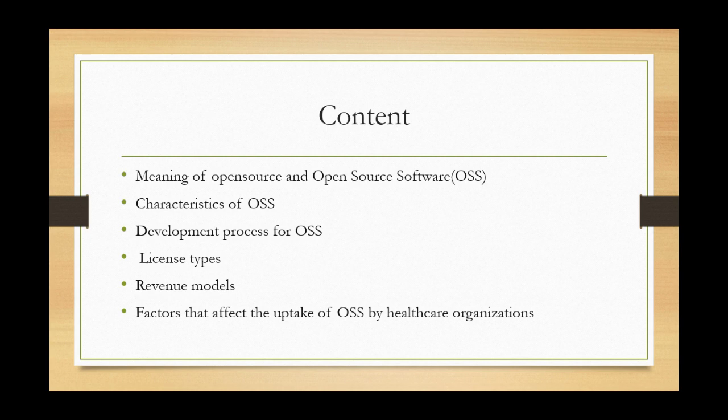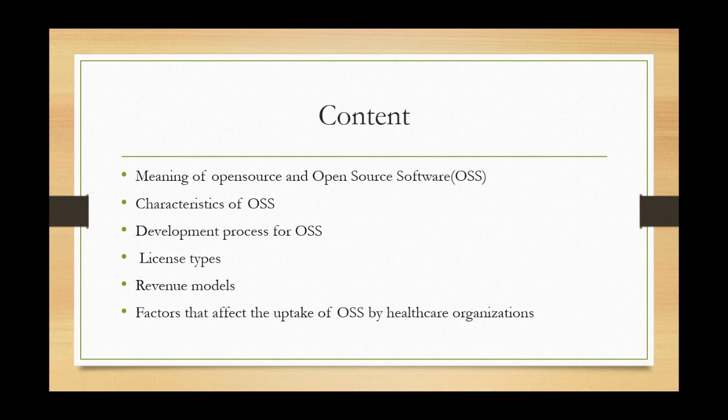So follow us in this video. We'll talk a lot about how you as a health information system specialist will adopt open source in different organizations that we will be working on.